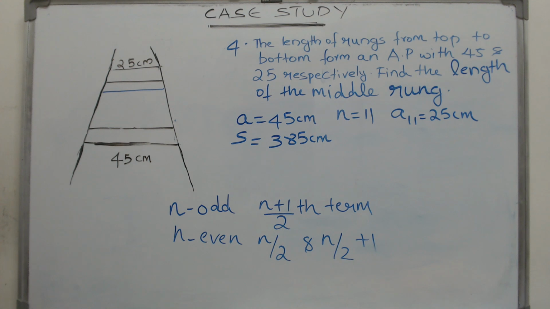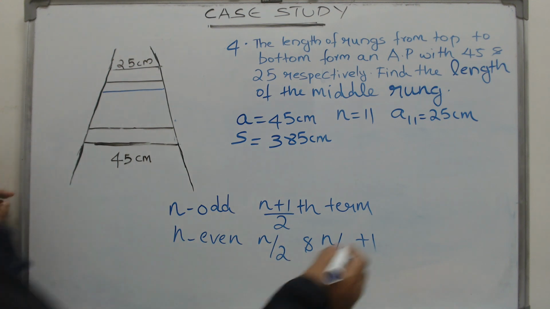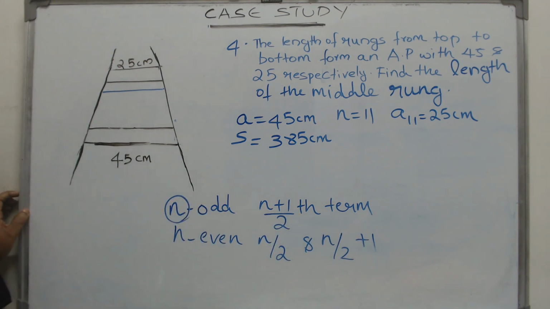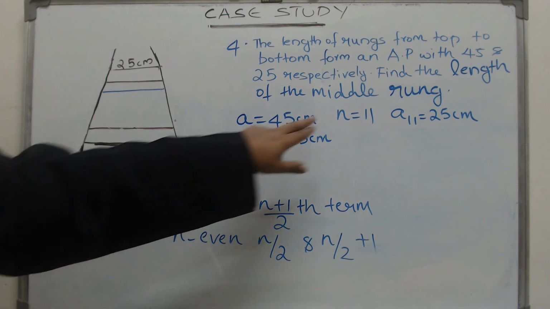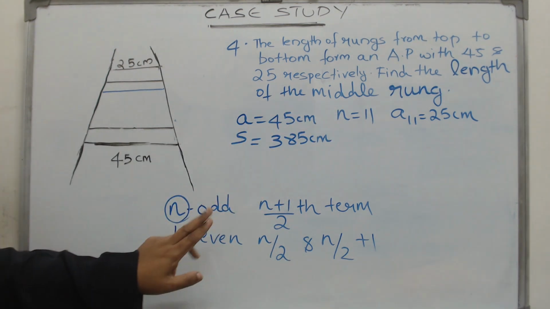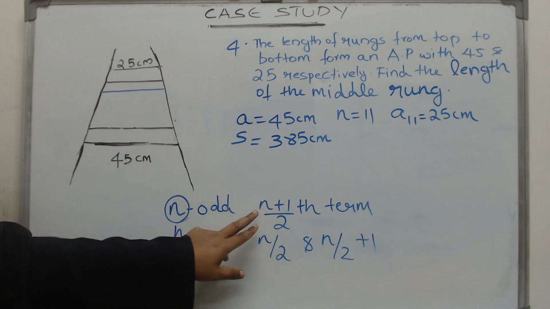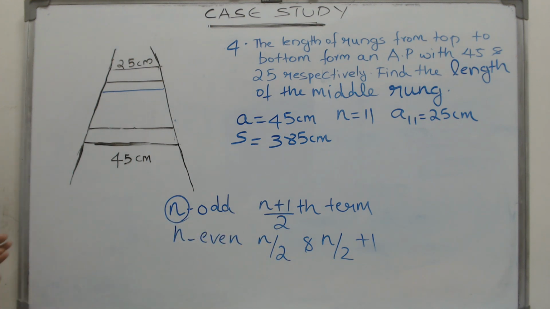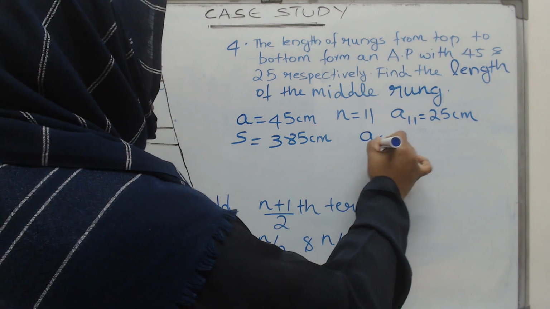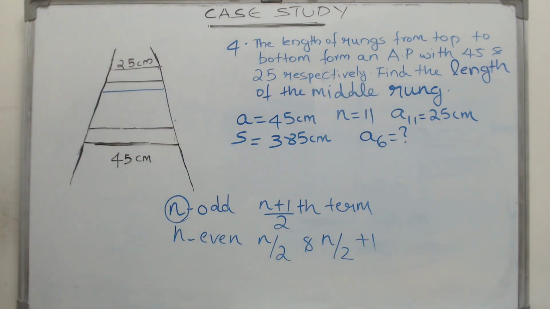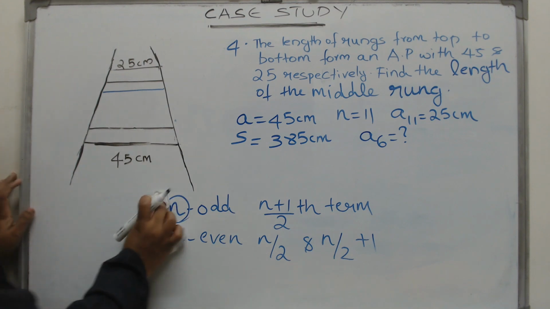But here what do you have? Your n is odd. It is 11. So what will be the middle term? The middle term will be 12 by 2, the sixth term. So what we want is the sixth term. What is A6? That is what we have to find out.